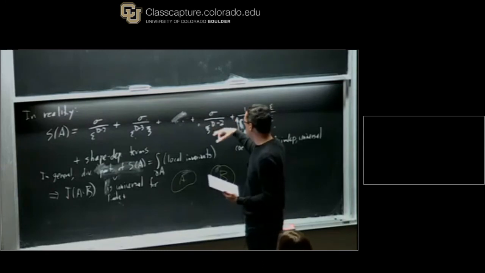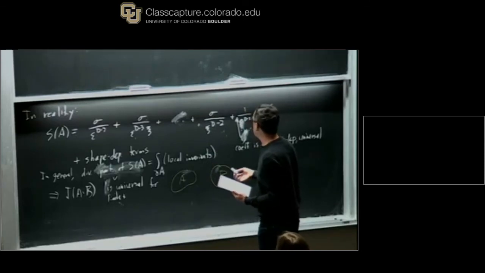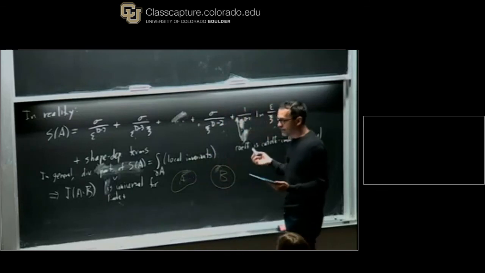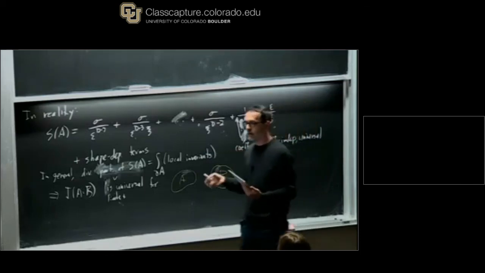You get the length of that times something which depends on the UV physics on the lattice, and then you get another finite term. And the finite term is universal, and if it's non-zero, then you have topological order.